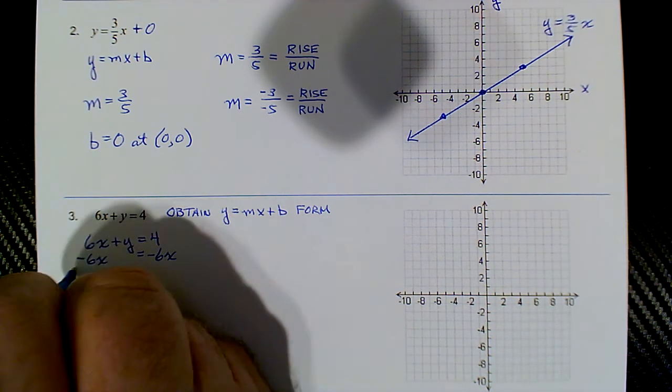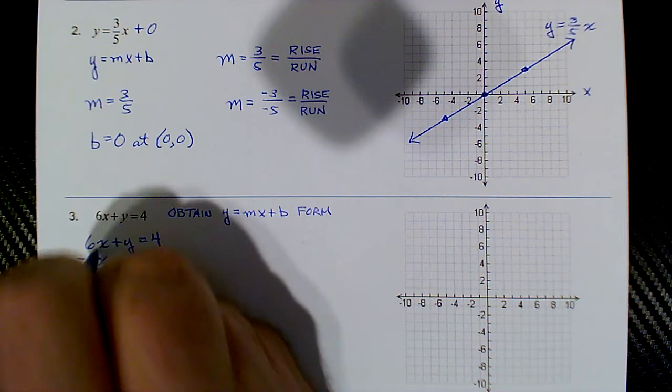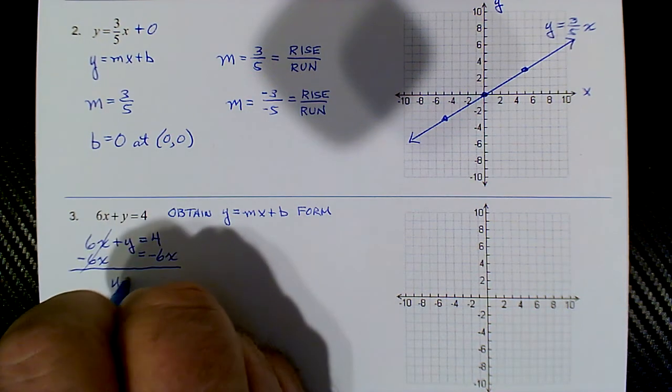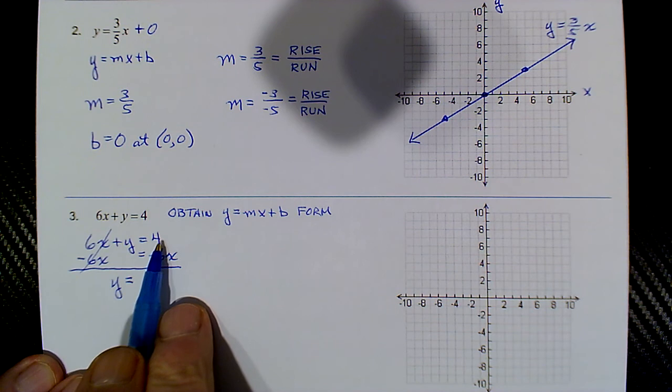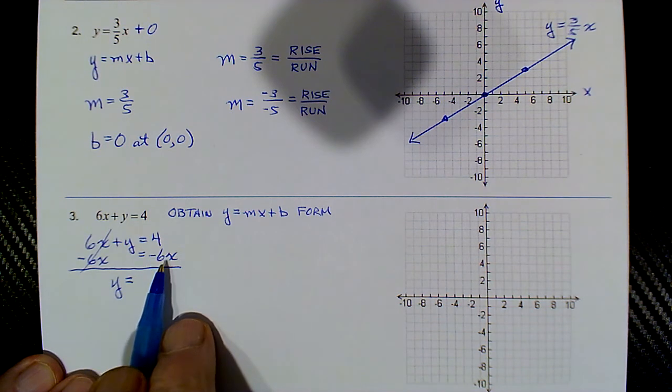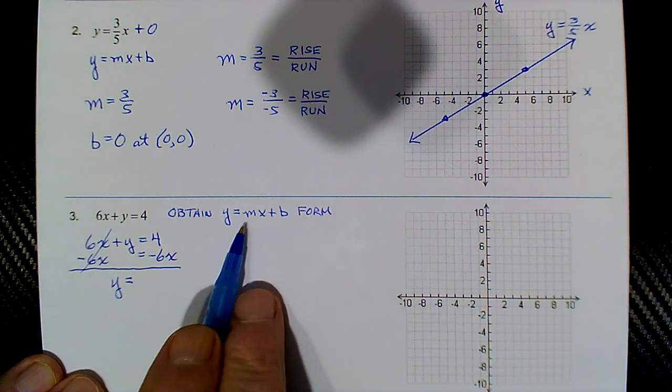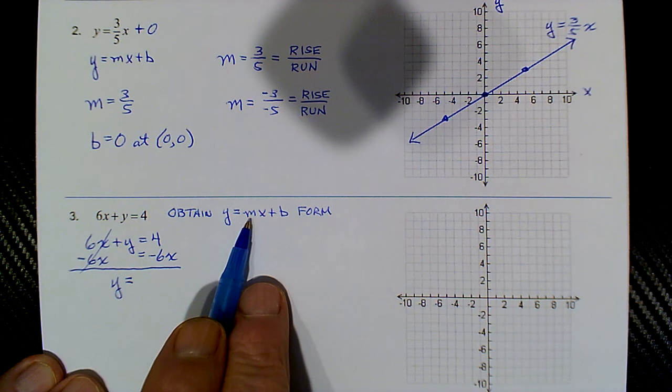And we get that y is equal to, now on the right we cannot combine the x's and the constants, the variables and the constants, we just have to rewrite it. And notice that we have it in the form of mx plus b, so the x is first. So therefore negative 6x plus 4.